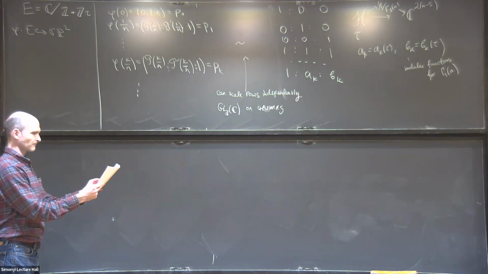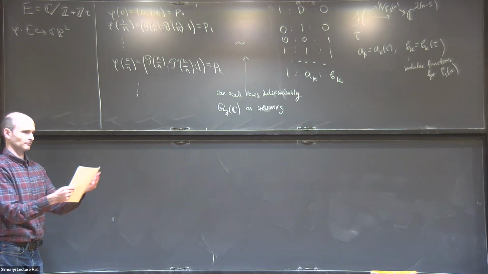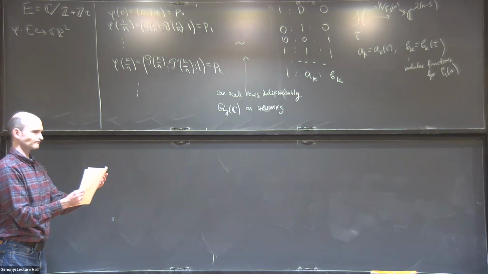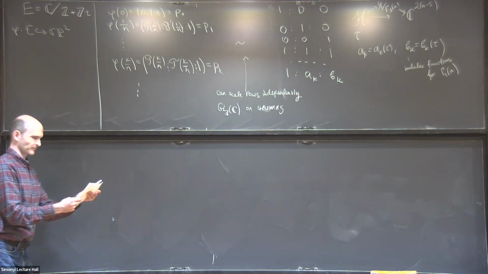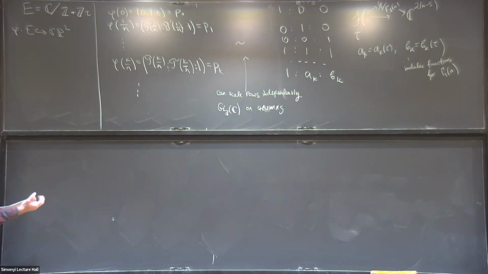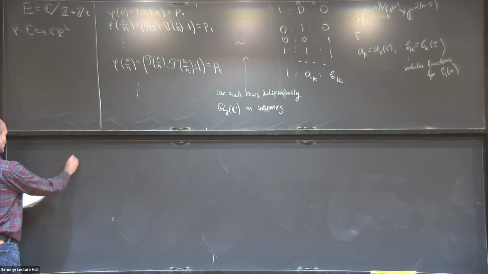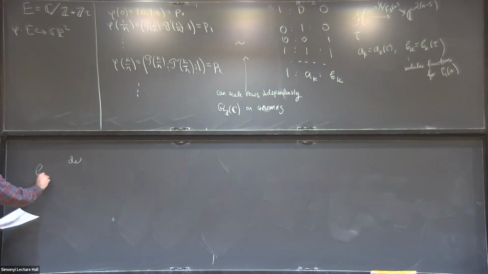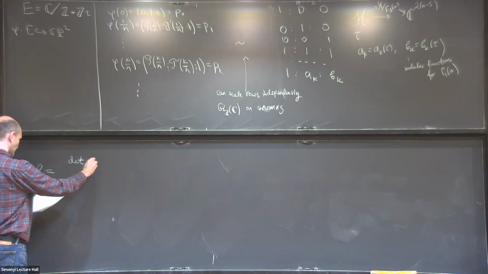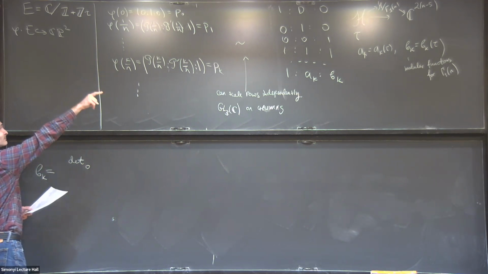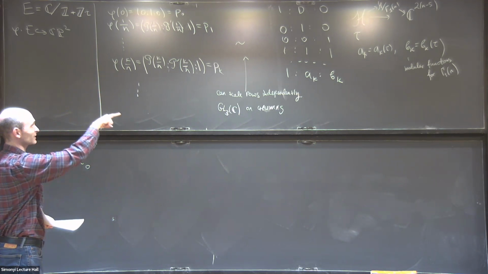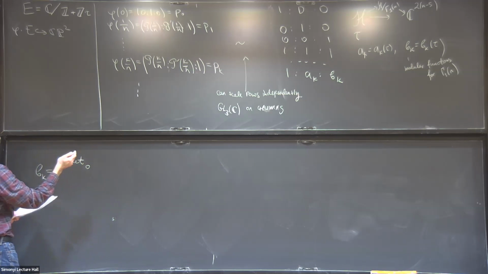Let's be more specific. For example, BK can be written as a determinant. I'm going to make my matrix start from row 0 because that's the most sensible thing here.